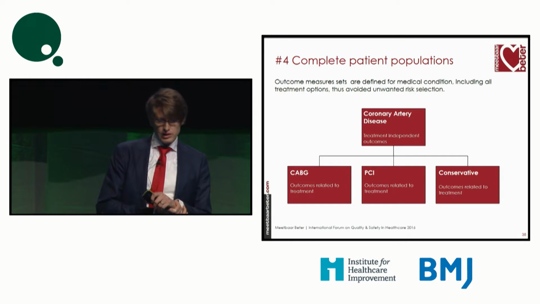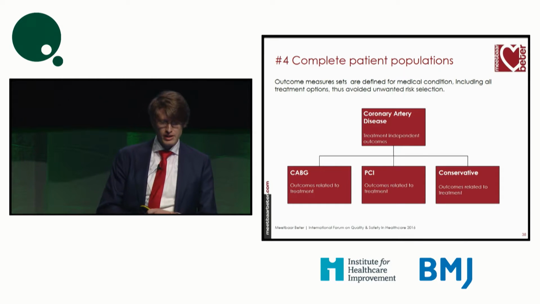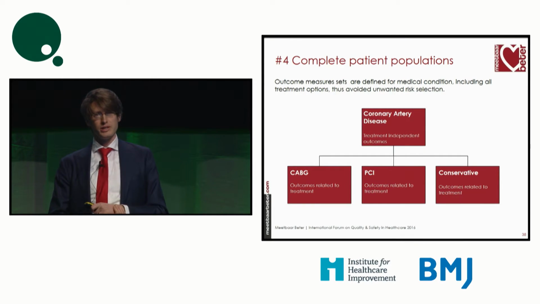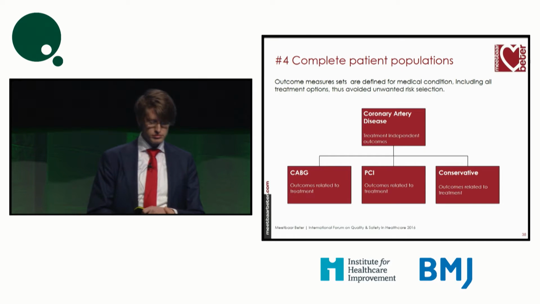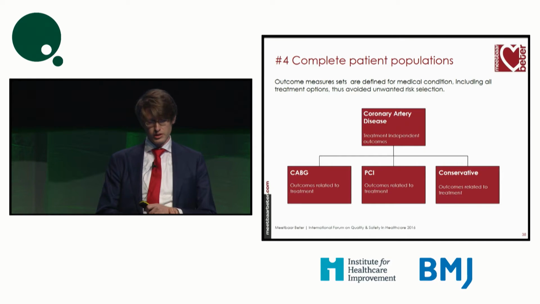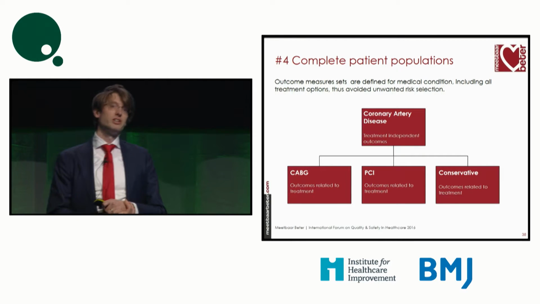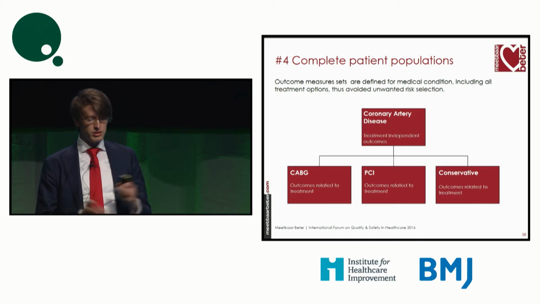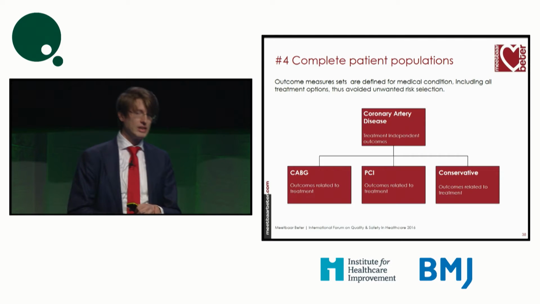Another thing that I would like to discuss, it's a little bit more technical, and that is that we believe that it's very important to always measure outcomes for complete patient populations. What I mean by that is shown here in this picture. You see here coronary artery disease, and if someone has coronary artery disease, you can measure the outcomes of the treatment.